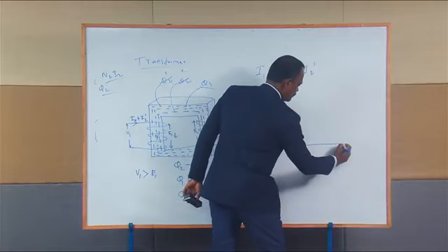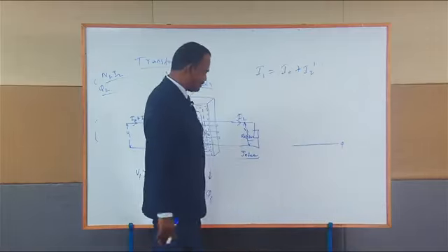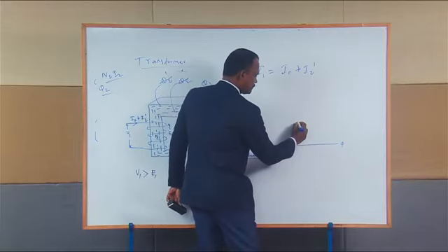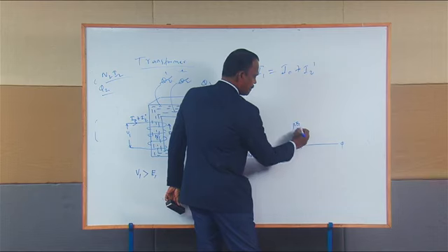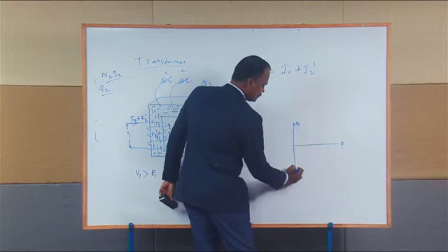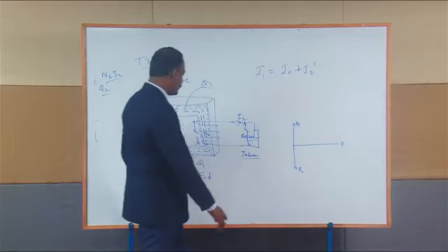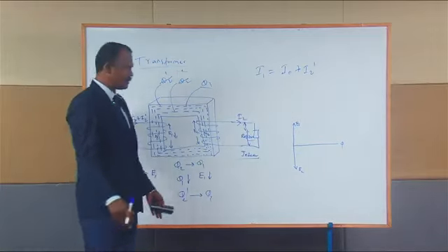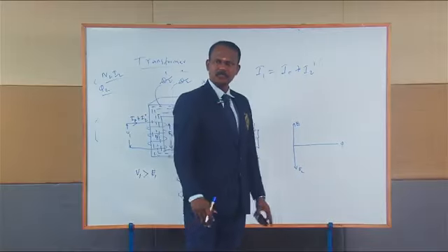I'll draw the flux phi. Same as before, I draw my voltage E1 somewhere here, and this is my E2. If you consider N1 and N2 are equal, then the magnitudes of E1 and E2 are the same, but in opposite direction.